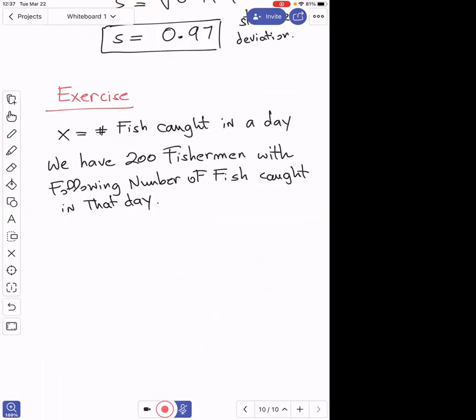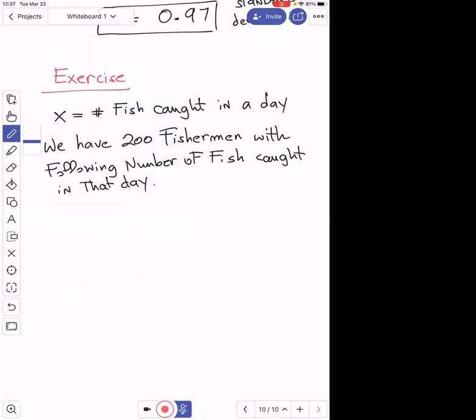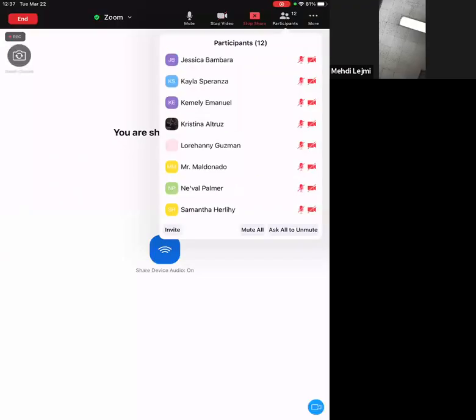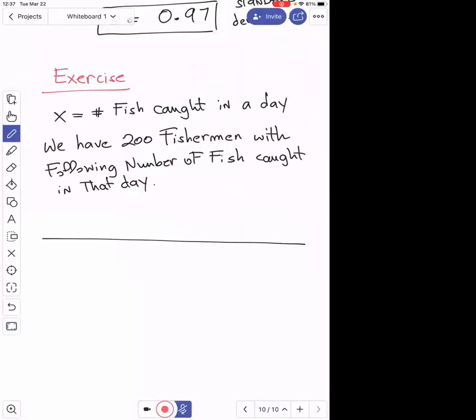So, did we do this example yesterday? Let me just check my notes. I think we did, right? It was 100. Yeah. We computed the. Okay. So let's just do a different example.